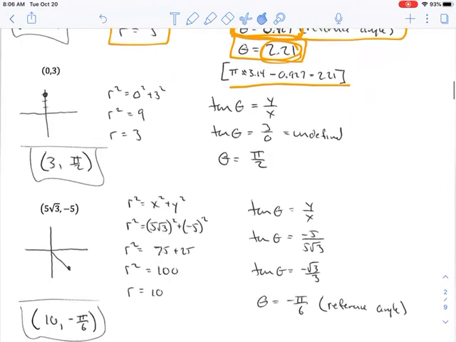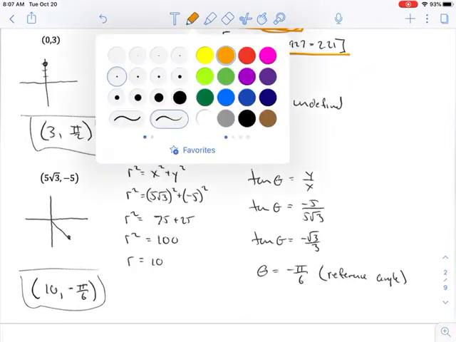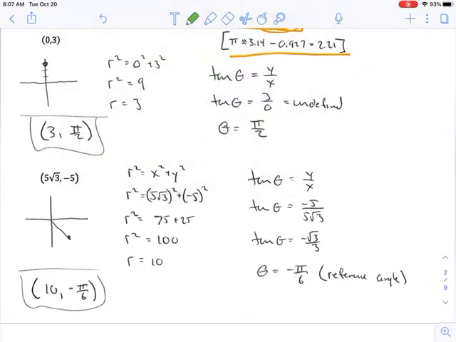The next example, 0, 3. Well, let's just plot that right off the bat. 0, 3 is right up here on the y-axis. Well, thinking of the unit circle, we know that that's going to be at pi over 2 right off the bat. I don't even need to do any work, but we will. So finding the r value, we end up with r is equal to 3.